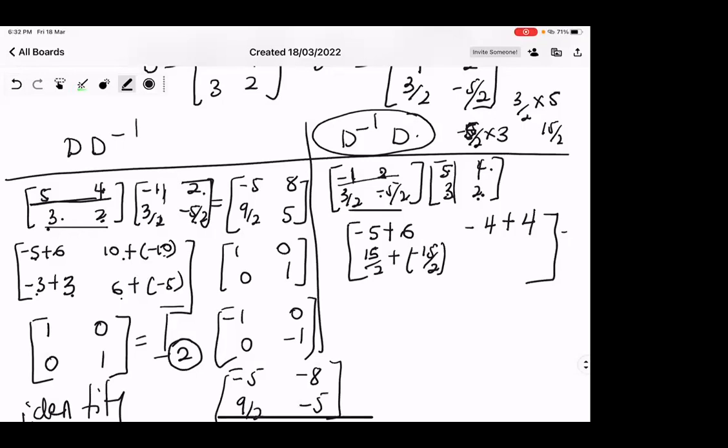Then the last entry, we have 3 over 2 going on to 4, that will give us 12 over 2. 12 over 2 is 6, plus -5 over 2 going on to 2. So we have -5 over 2 going on to 2. This is -10 over 2, which is -5.